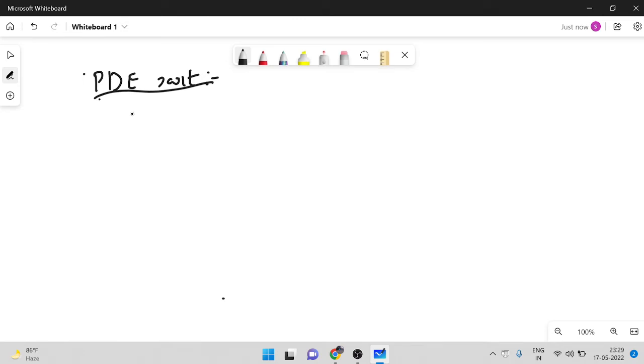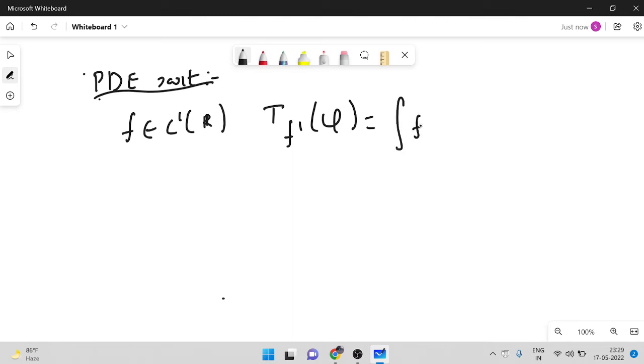Now f belongs to C^1 of R. So we basically try to find derivatives of our distributions. Tf dash of phi is the integral of f dash phi dx, which equals minus the integral of f phi dash, which equals minus Tf of phi dash.